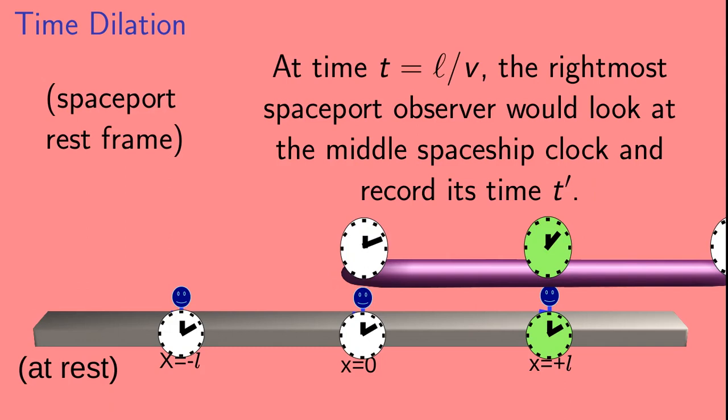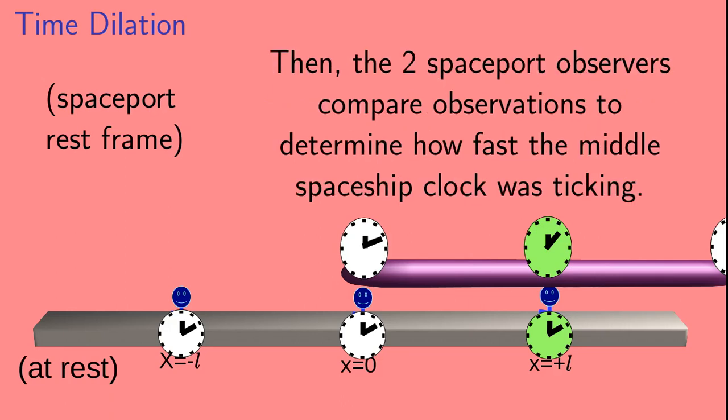At time t equals L over v, the rightmost spaceport observer would look at the middle spaceship clock and record its time t prime. Then the two spaceport observers compare observations to determine how fast the middle spaceship clock was ticking.